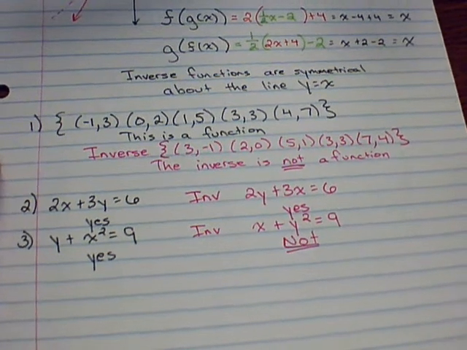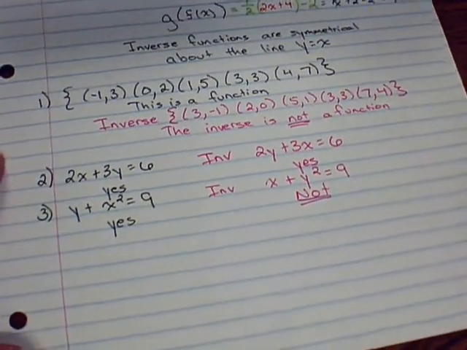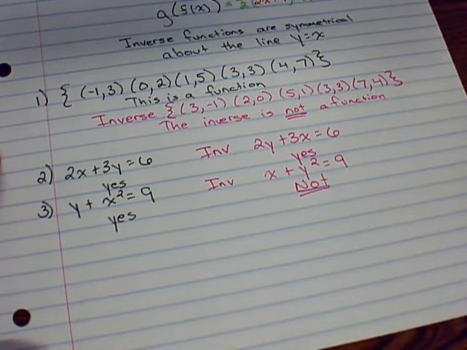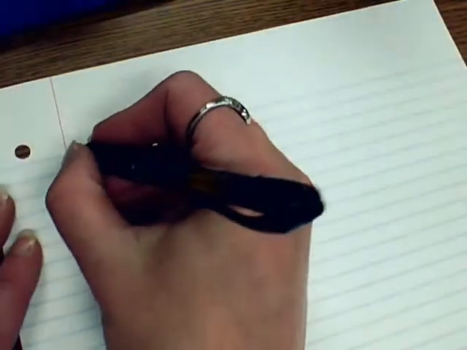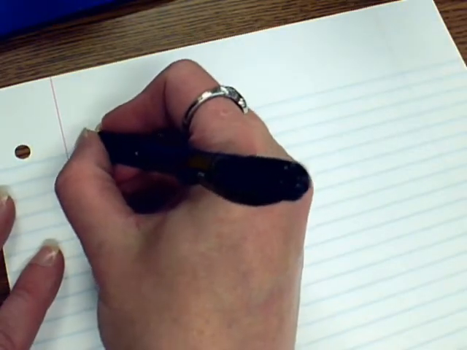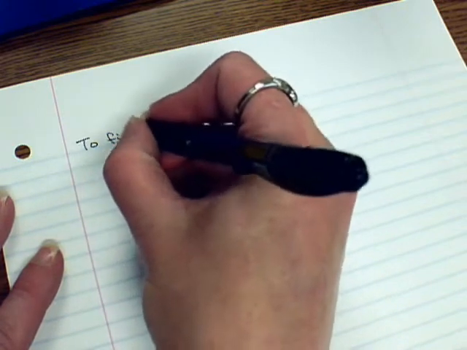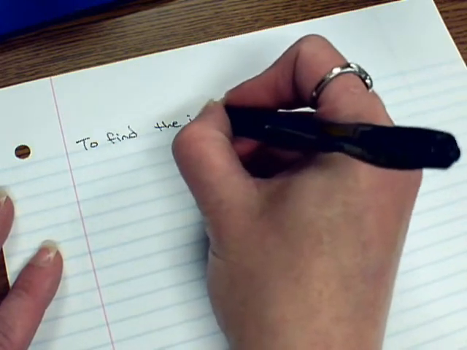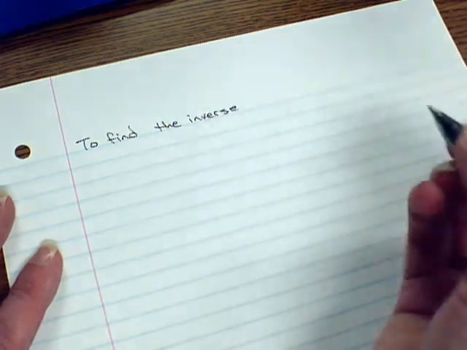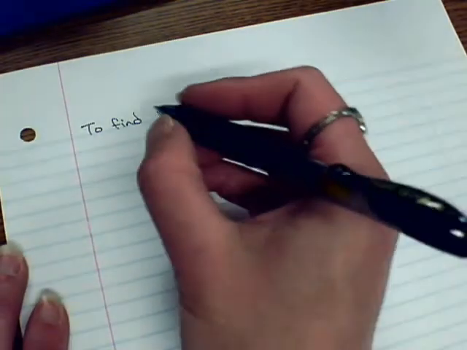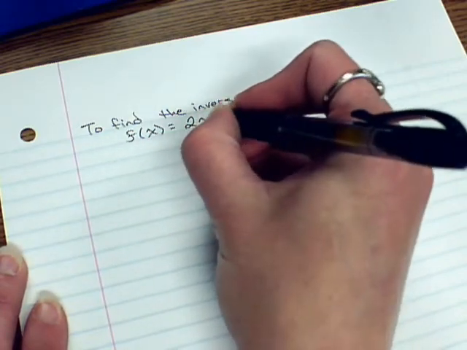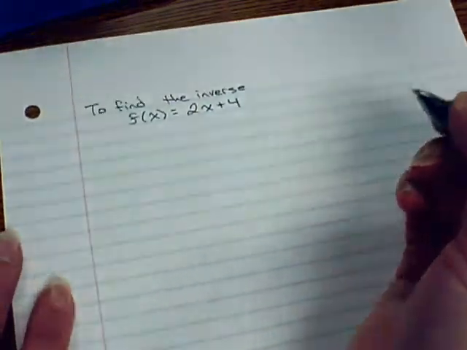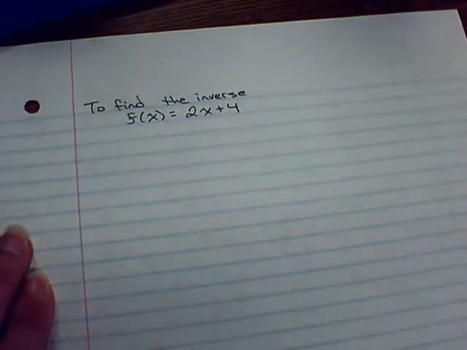Now, how could I find the inverse of a function? Let's say to find the inverse of f of x equals 2x plus 4, which was actually what we did in the warm-up.